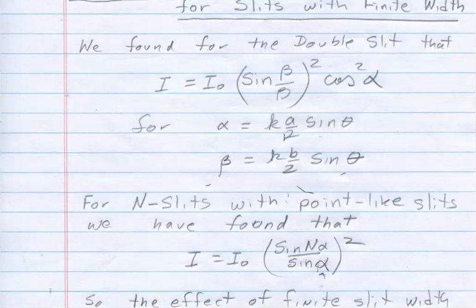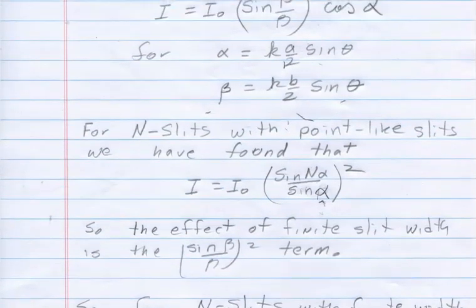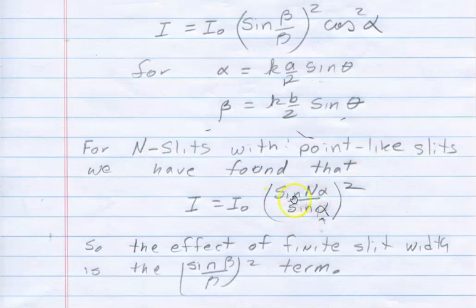For N slits, we found a similar relationship. We found this relationship here. Again, alpha was k a over 2 sine theta. And we also showed that in the case of two slits this reduces to this formula.